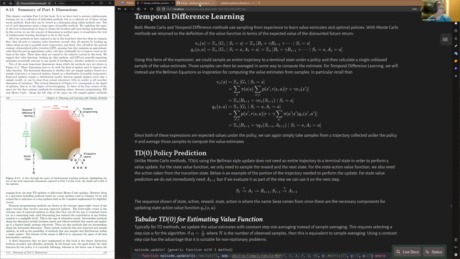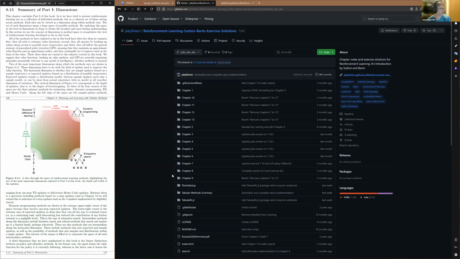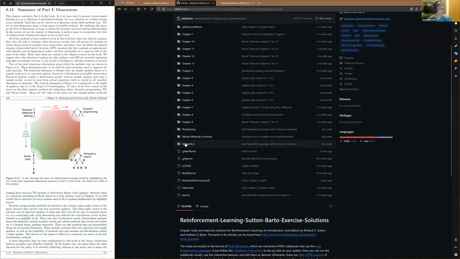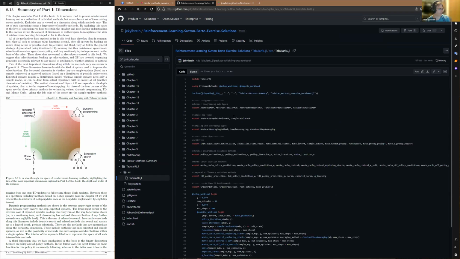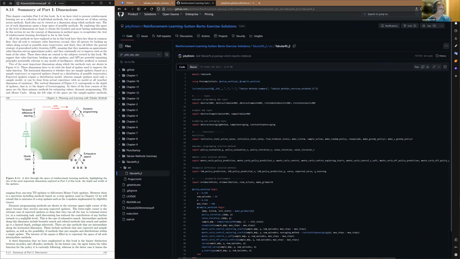I also set this up so that I was planning on adding a package in here that could be used outside of the notebooks, but I haven't finished updating it yet. The idea is that this package will import this notebook, and then it can be used in normal code.